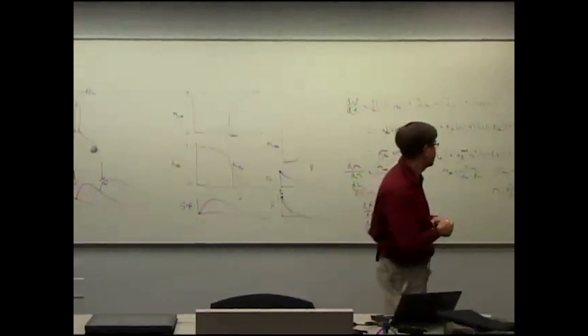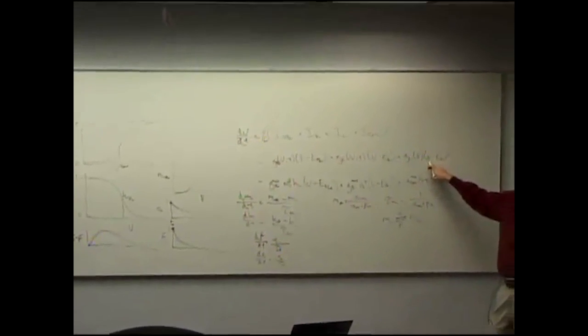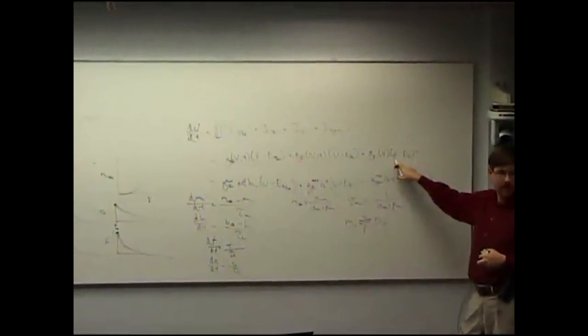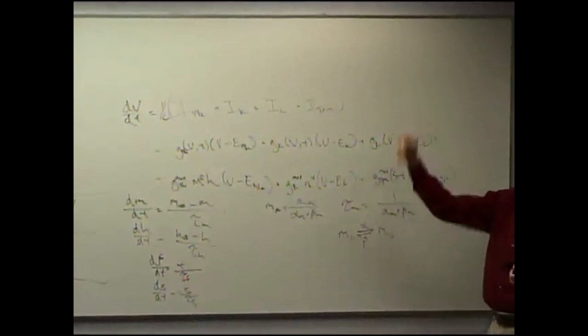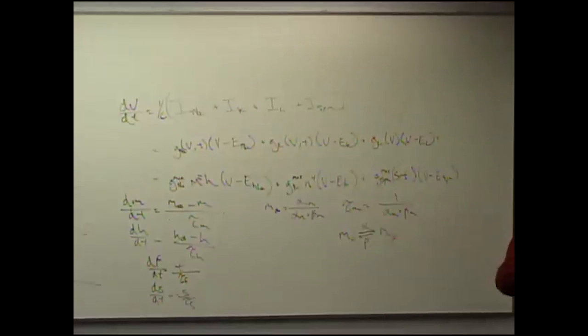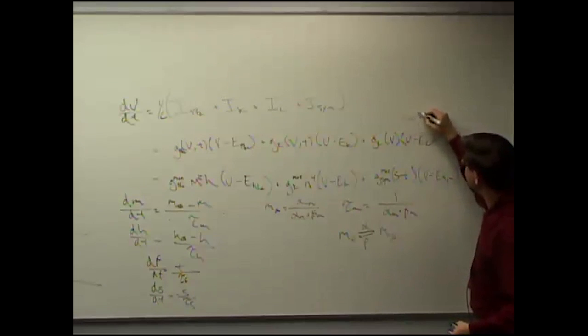Okay. And the last thing is, this V, we think of as the voltage difference between the inside of the cell and the outside of the cell, right? We've always assumed the outside of the cell to be 0. But if we put in an electrode, and that electrode produces an electric field, it will change the voltage outside the cell. So really what we want is V in minus V out.